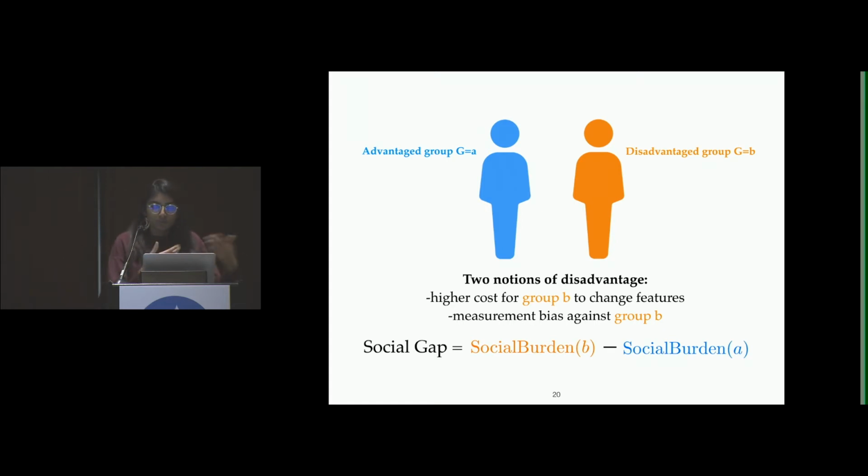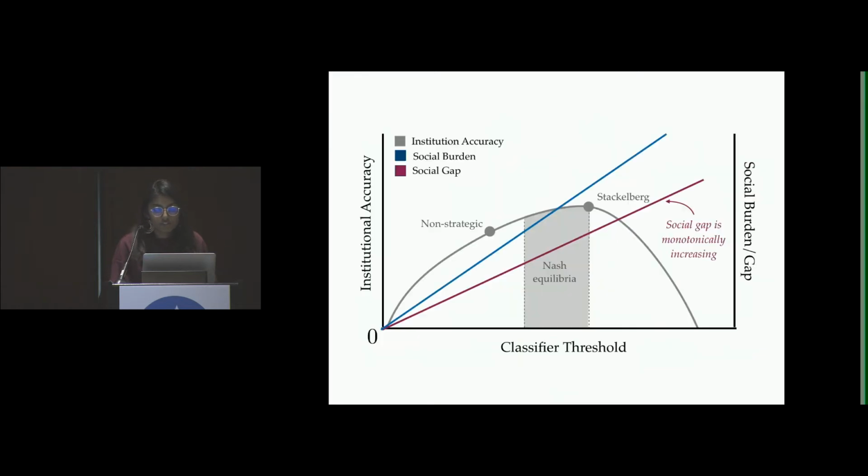We measure the disparate impact that strategic classification ends up having by what we call the social gap, the difference between the social burden on group B and the social burden on group A. And what we find is, for these two conditions, the social gap is also monotonically increasing in the threshold. This means that not only do you have that increasing institutional accuracy will increase burden overall, it will also increase the disparity in burden between groups.